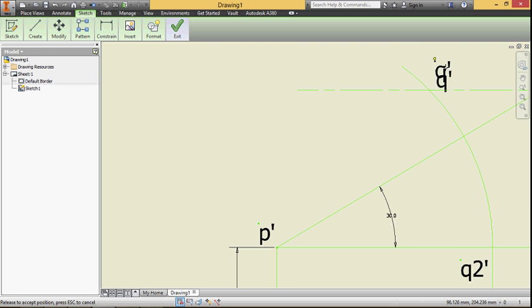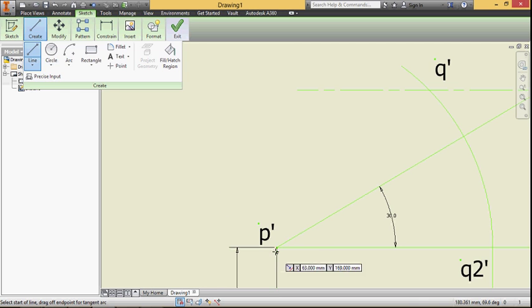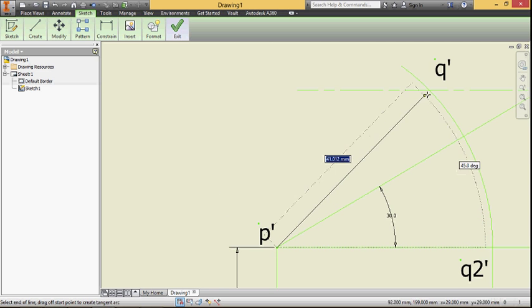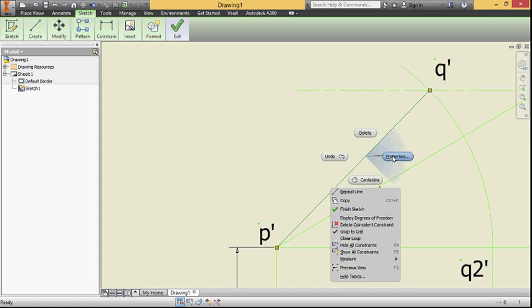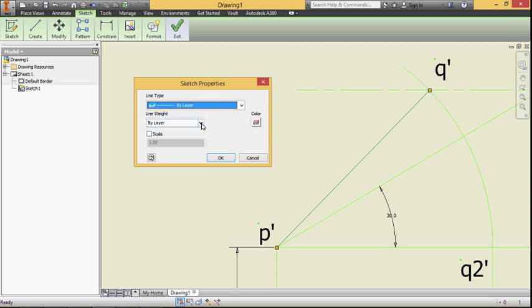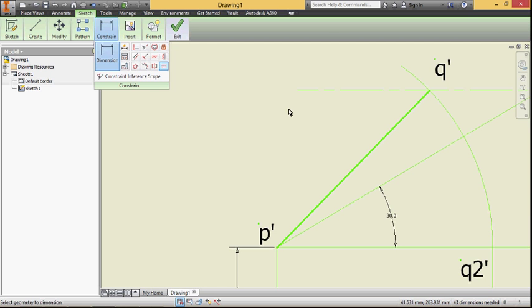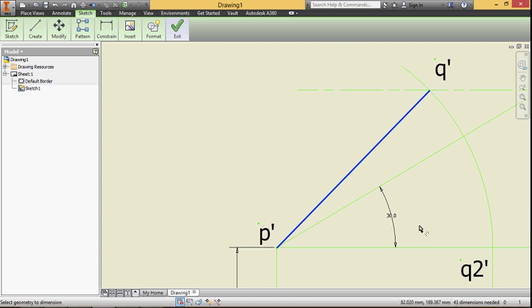So join this P dash and Q dash, and this P dash Q dash is called the front view, and the angle made by this front view is called alpha.